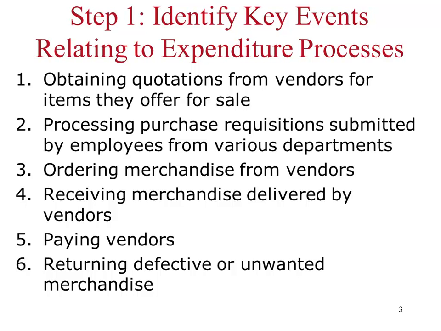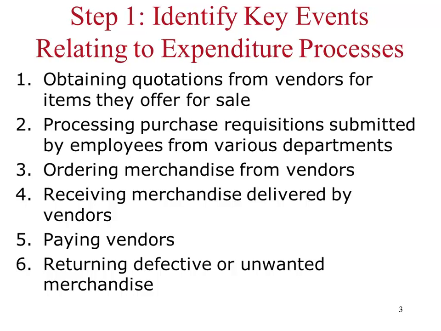But let's go straight to what's going on here. In the book you have six significant business events. First of all, you have to collect quotes from vendors. You need to know the prices for items that you would like to purchase. So the first thing is collecting quotes.